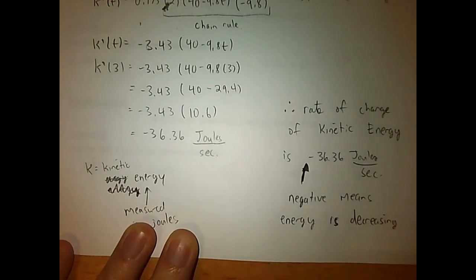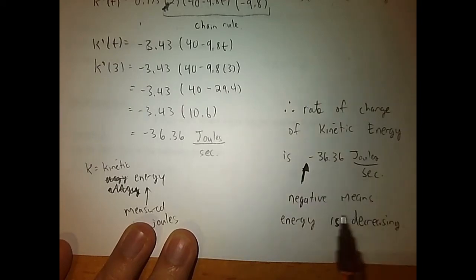Which makes sense because if you throw a ball upwards, you're throwing it with some energy, but as it goes up, there's less force acting on it. It's going to lose some of that kinetic energy before it starts to fall back down again. So our negative means that the energy is being lost in that ball.